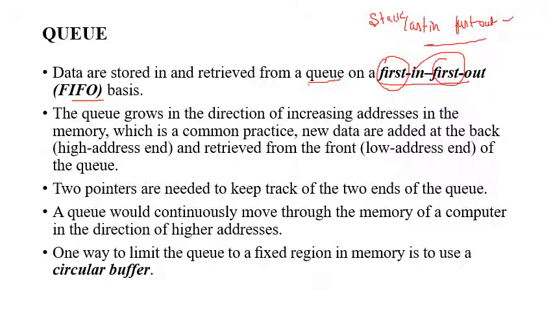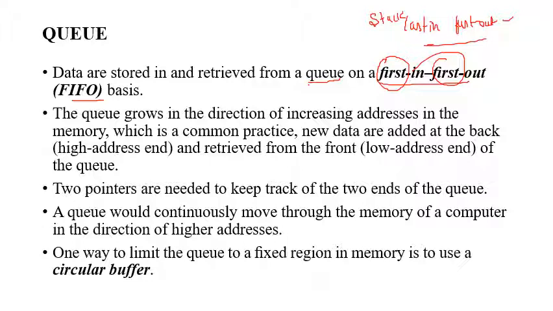What happens is the queue will never have a fixed address. It keeps on growing, or the entire set keeps on moving from one address range to the other address range. So two pointers are needed.